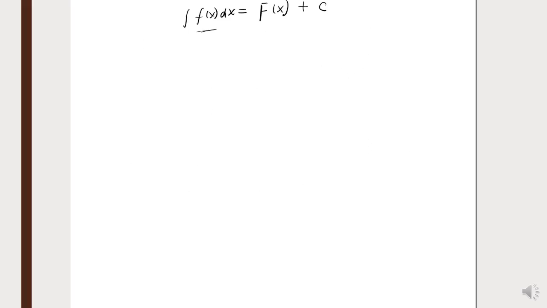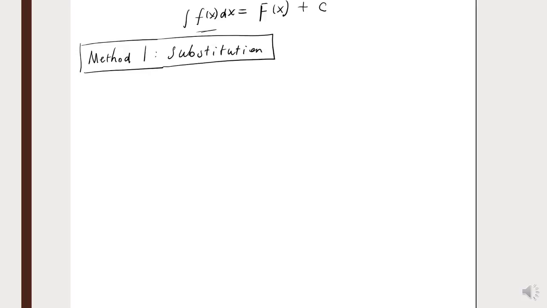Alrighty, so after we understand the definition of integration, we have to talk about the methods of integration, because in a lot of cases, from the differentiation table, it is not that easy for us to find the original function, capital F(x). So the first method we're going to talk about is method 1, called the substitution method.